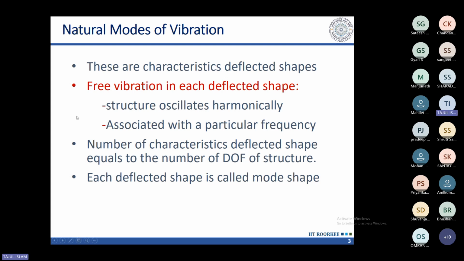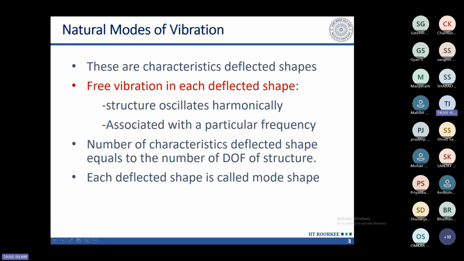When the structure vibrates freely, meaning there is no resistance to the vibration, in each deflected shape this should be harmonic motion. When we are talking about the mode shapes, we are talking about harmonic motion, meaning we are assuming that the structure is vibrating with a harmonic motion, and each deflected shape is associated with a particular frequency.